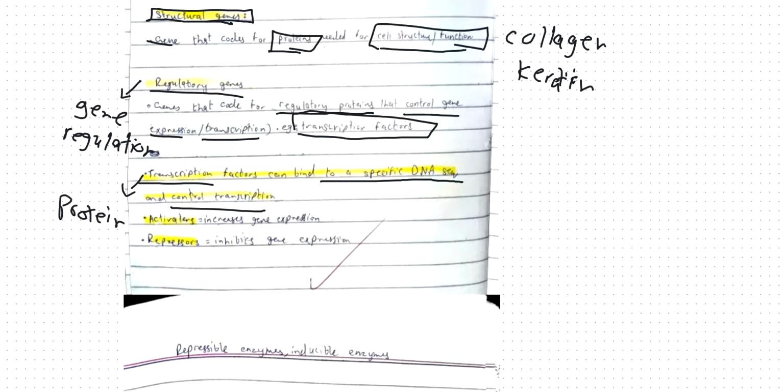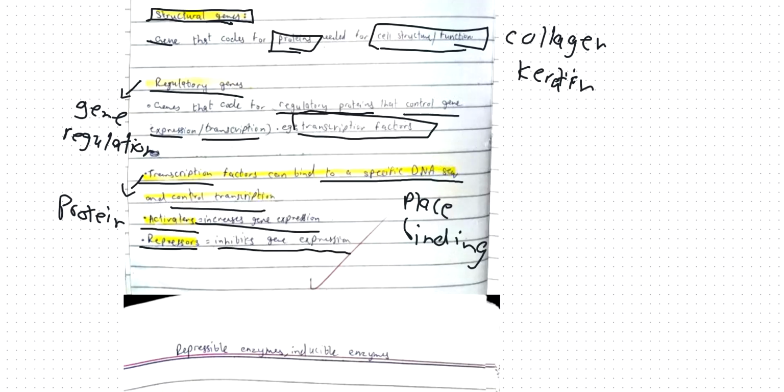They can bind to a specific DNA sequence, and the binding sites are of two types. You have the activators, which increase gene expression, and you have the repressors, which inhibit gene expression. Repressor proteins inhibit gene expression, and activators are the proteins that increase gene expression.